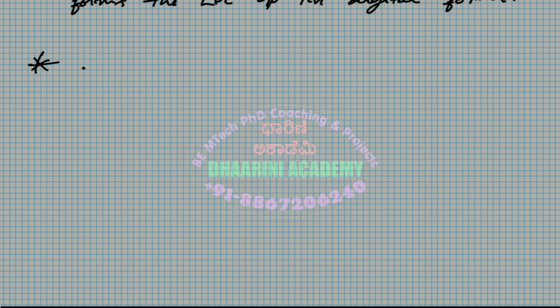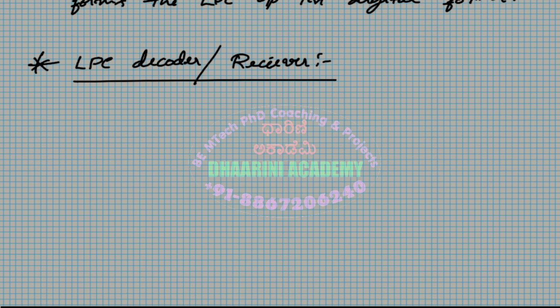All right, next we'll look into what is called the LPC decoder, or the receiver side if you are using it for transmission. LPC receiver. Again, it begins with the reception or retrieving.